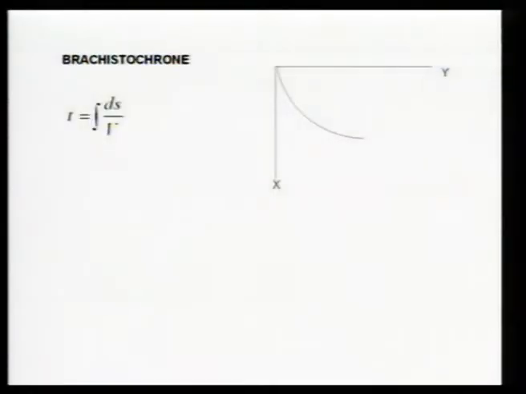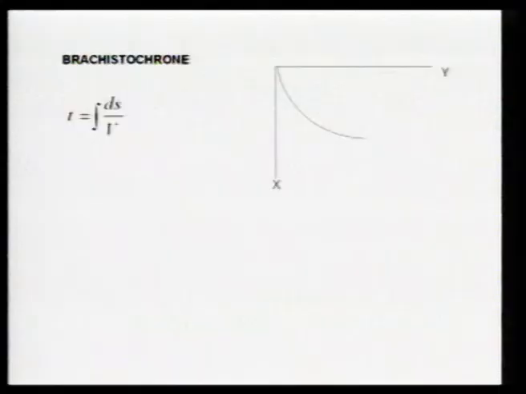And so, when we had written t is equal to ds by v, we plot the graph, just interchange the role of x and y. We plot x vertically downward and y horizontally. Later on, we will interchange the role again.